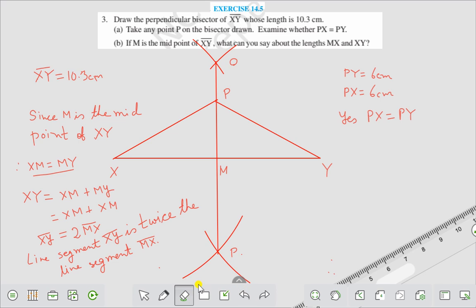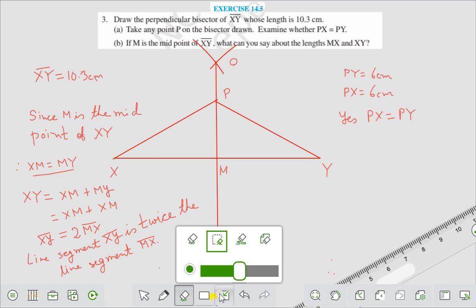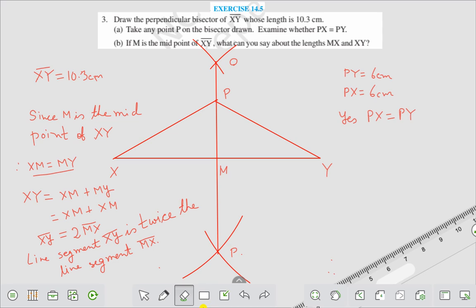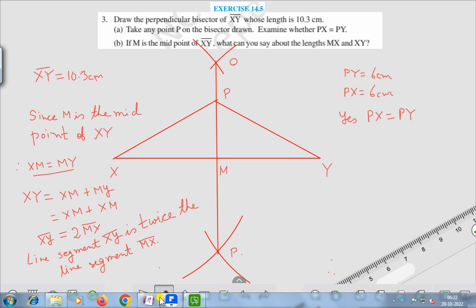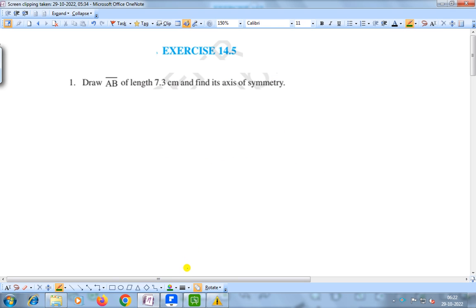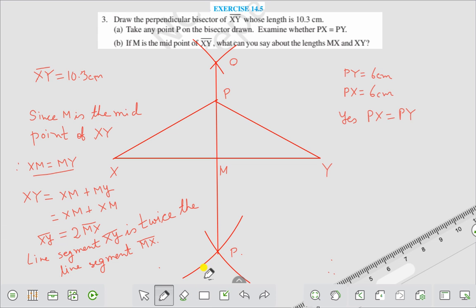We will rub this P, and let us take this point as B. Therefore, this point is B, suppose.